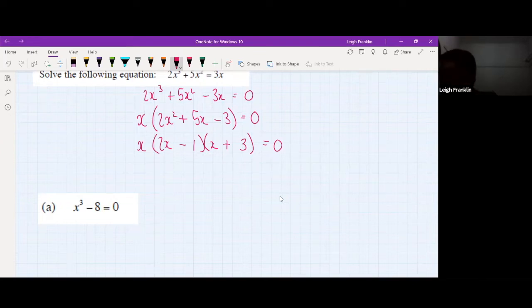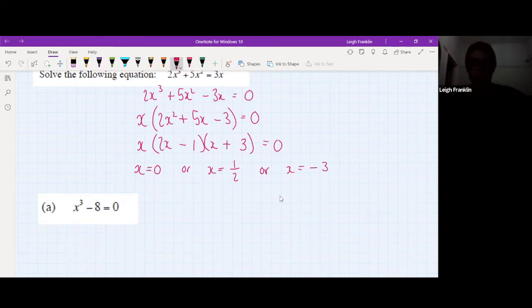And here you can see a cubic equation that has 3 solutions. So either x is equal to 0 or x is equal to 1 over 2 or x is equal to -3. And it's really important that you do write that.